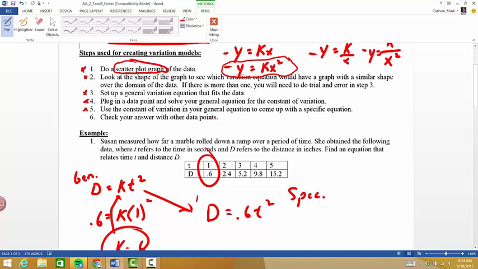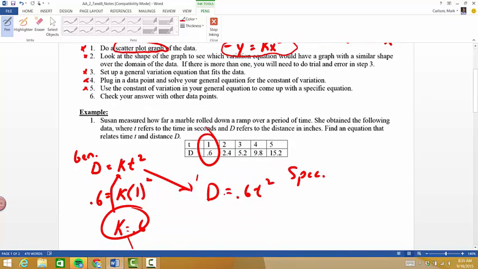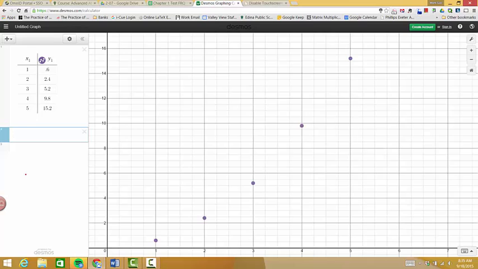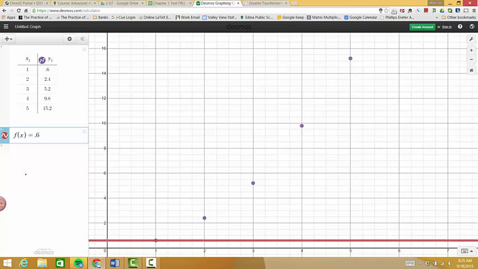And then finally we can check our answers. We can plug these values in and see if they work. The other thing we can do is write this as a function and see how close our function matches the data points. So if I come back over to Desmos and add another line, I'll put in f of x equals 0.6 x squared.